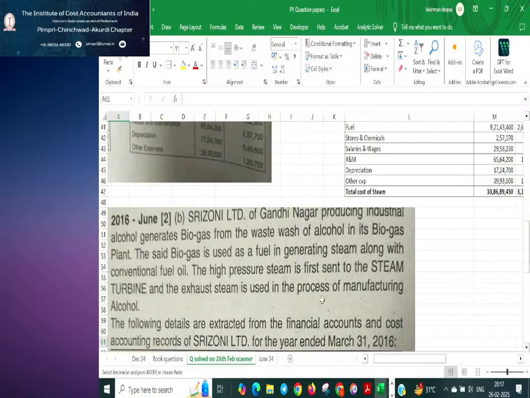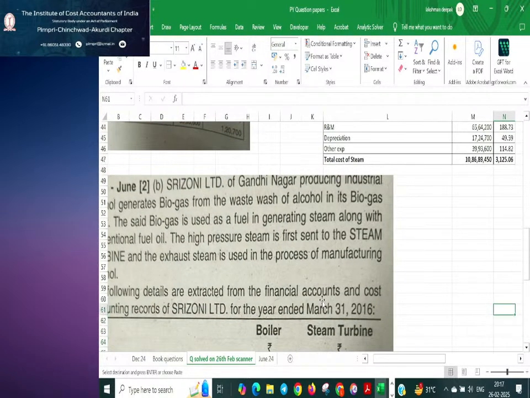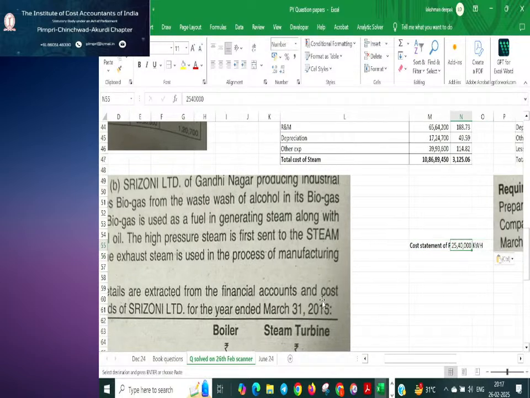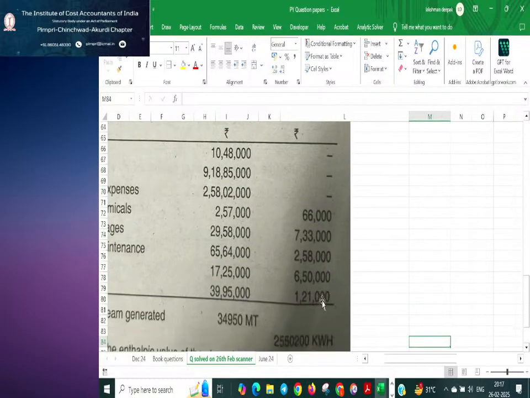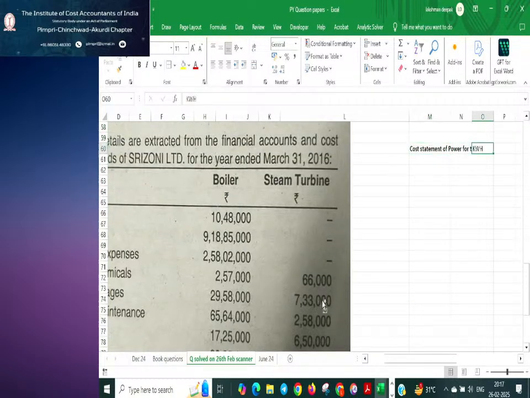So if you look at this question, this is very technical, right? So this is for the power of 25, 50, 200 kilowatt hours.